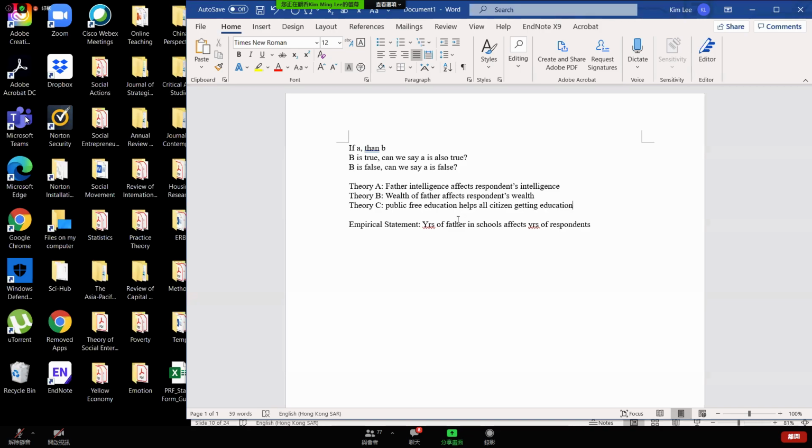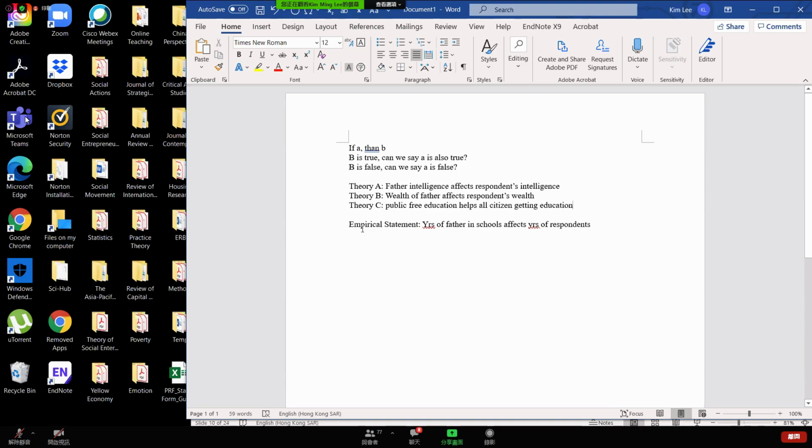In this case, we can demonstrate the empirical statement is wrong, because no matter how rich or how intelligent your father is, it won't affect your education, because you can receive free education up to university level, just like France and Germany in the past.